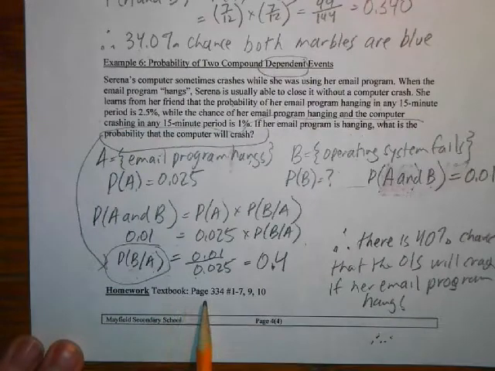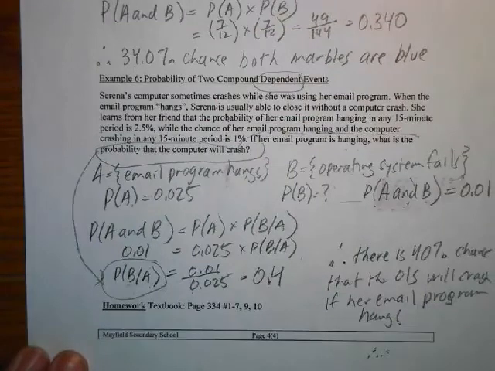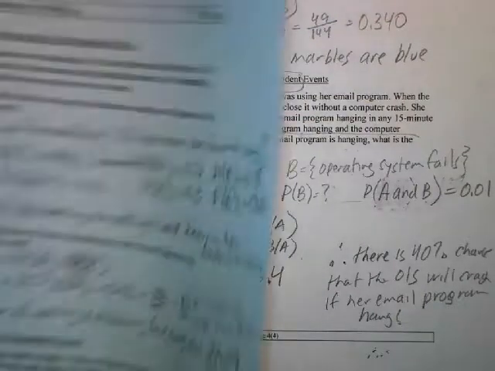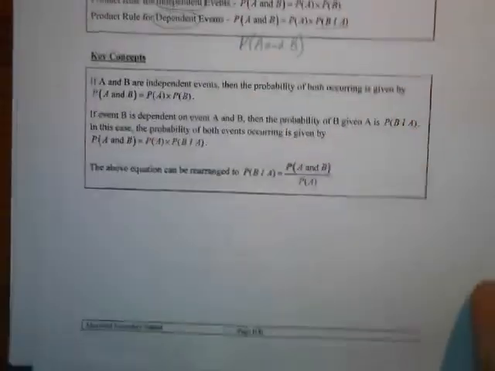And just to summarize what this lesson was all about. We're looking at compound events, two events. Usually we call them A and B, but we don't have to.